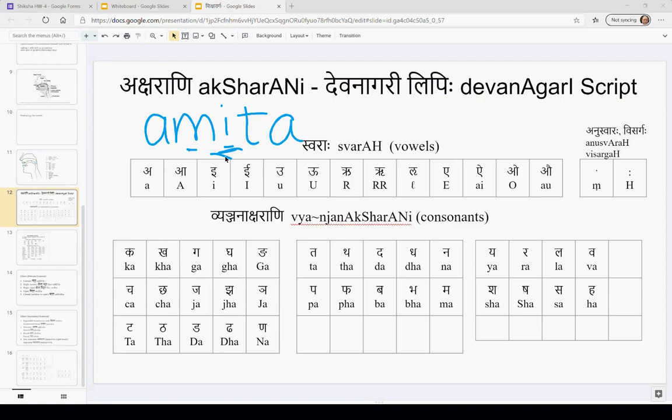Like say, Nadi. Nadi means river, written in Devanagari as Nadi.